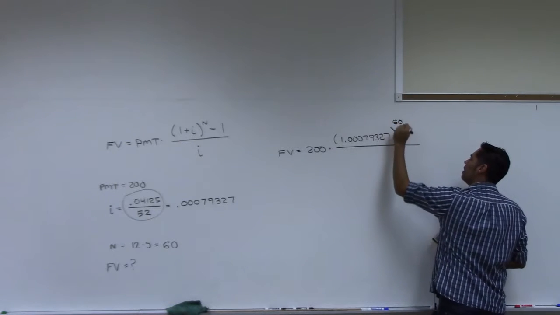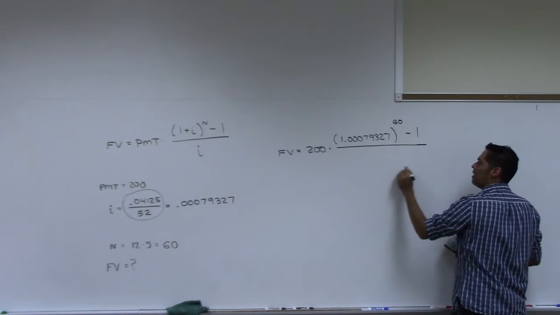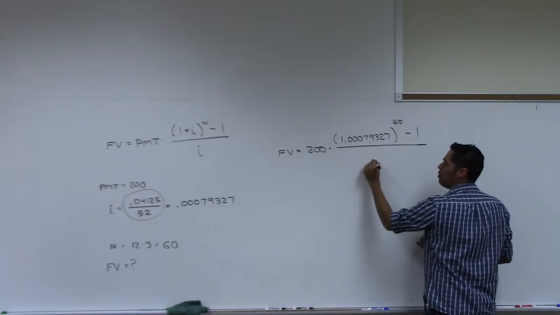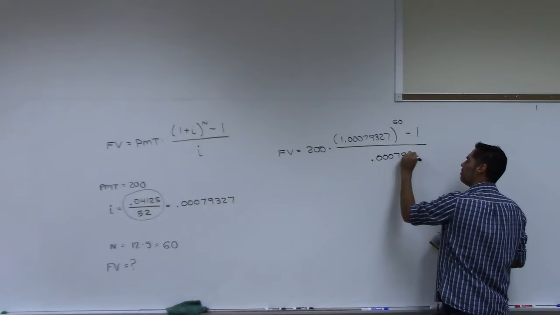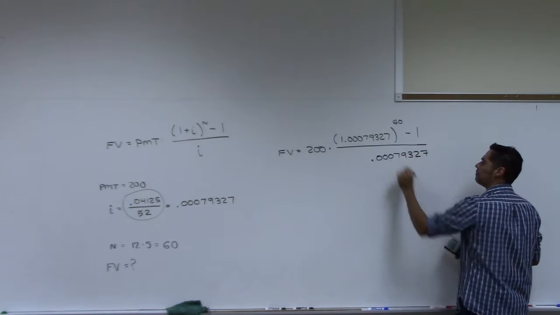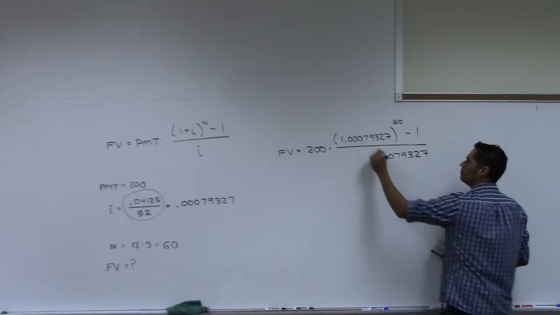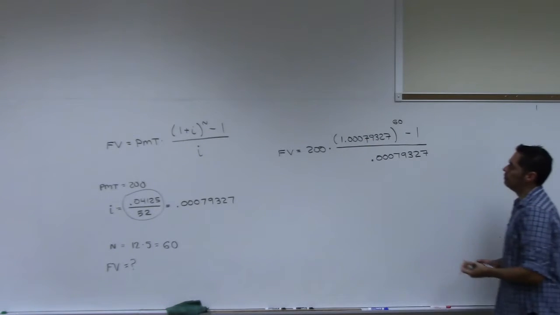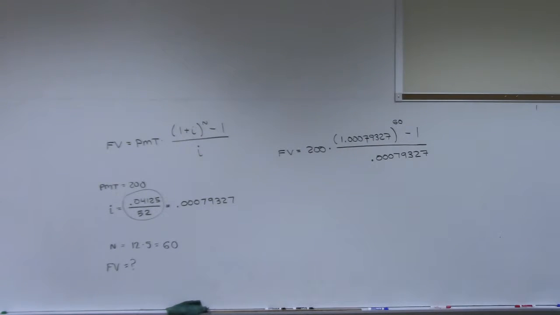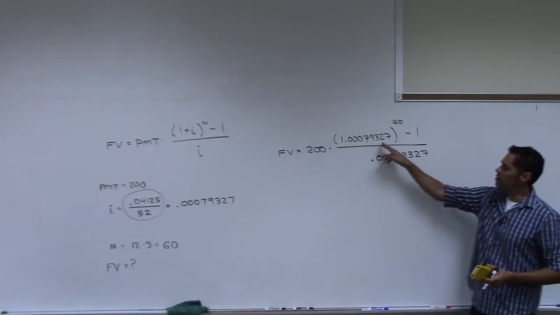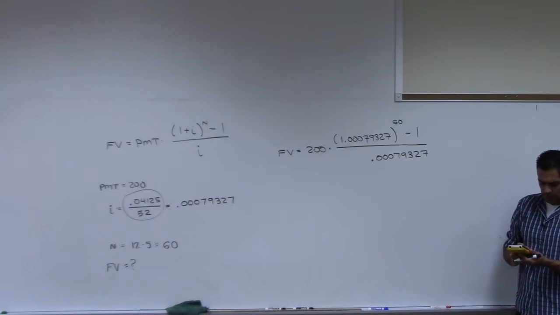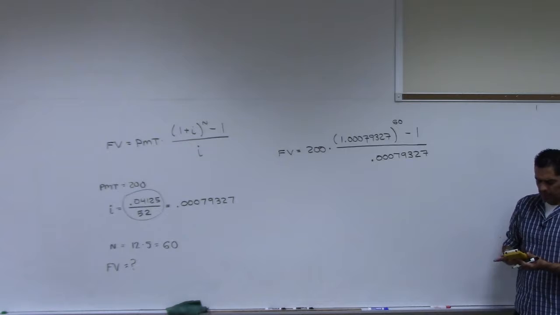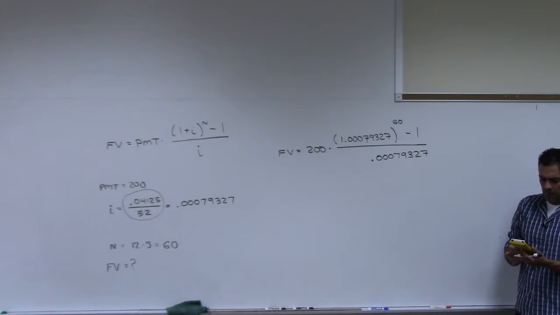60th power, then I subtract 1, and then I divide this by 0.00079327. When you do this on your calculator, do this first. So I'm going to do that first: 1.00079327 raised to the 60th power.